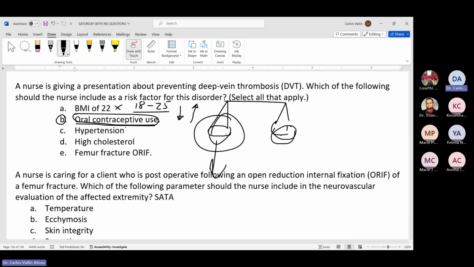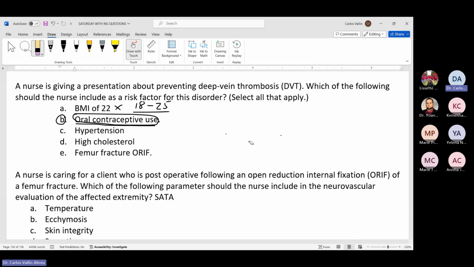Nurses need to have those concepts clear. When we are talking about risk, we need to use this balance to speak properly. If you are not clear in this aspect, you could say, oh no, oral contraceptives are not good. On the contrary, oral contraceptives are very good because they prevent pregnancies, especially undesired pregnancies. The benefit of the oral contraceptive is huge.